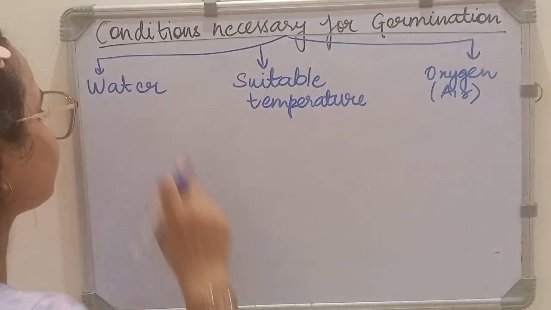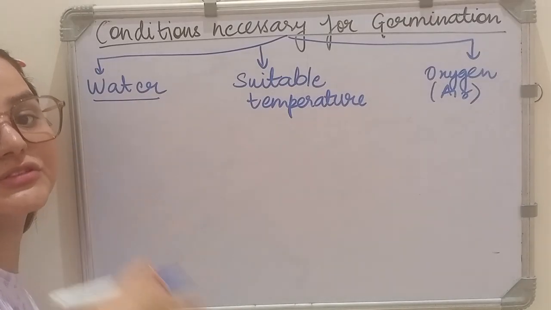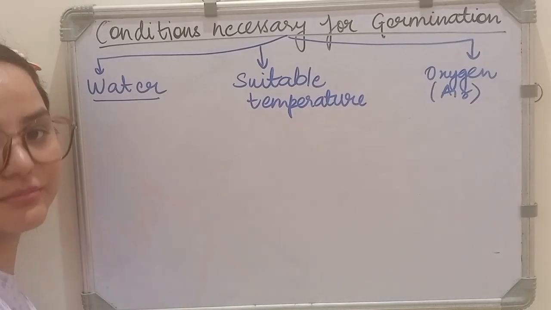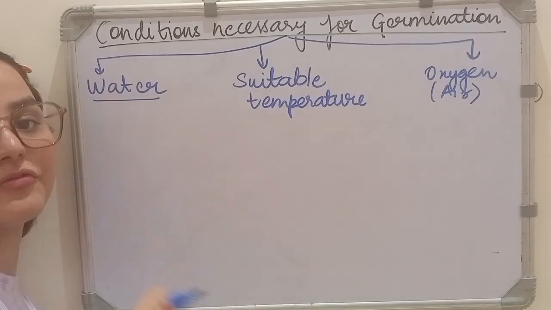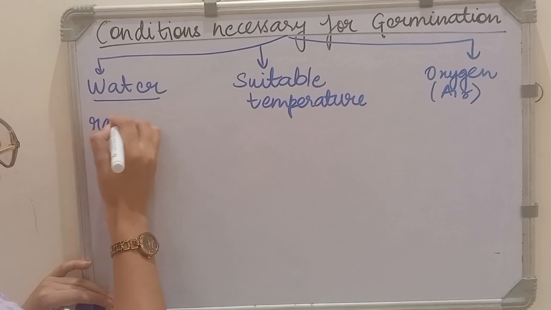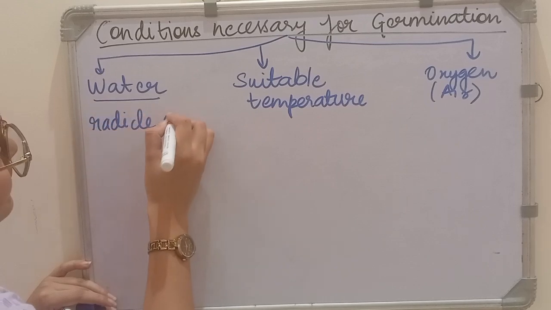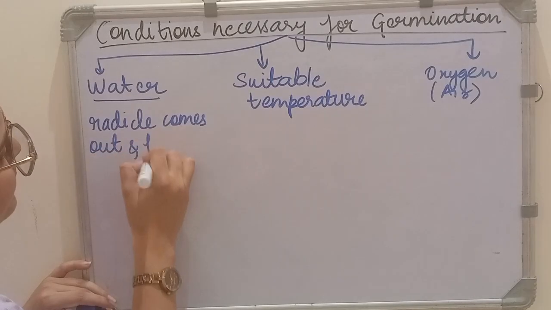So let's study water. Because of water, the seed swells and the seed coat ruptures, due to which the radicle comes out and forms the root.